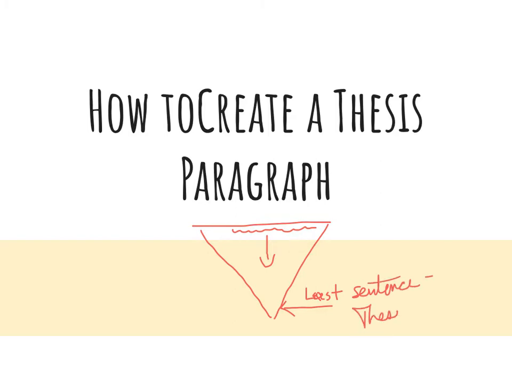That's what you're building towards. That's the climax, that's the crescendo, and that's what you want to lead your reader to grasp. Okay, so you want to start general and then move down more and more narrow until you ultimately get to that last sentence, which will be your thesis statement.